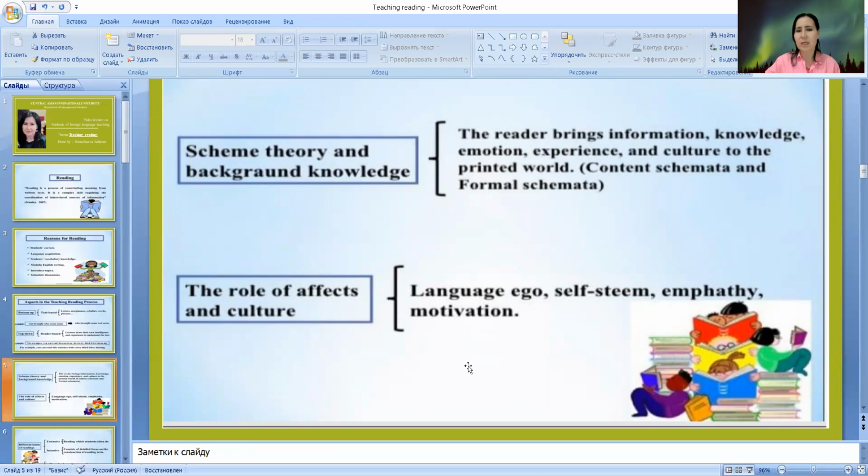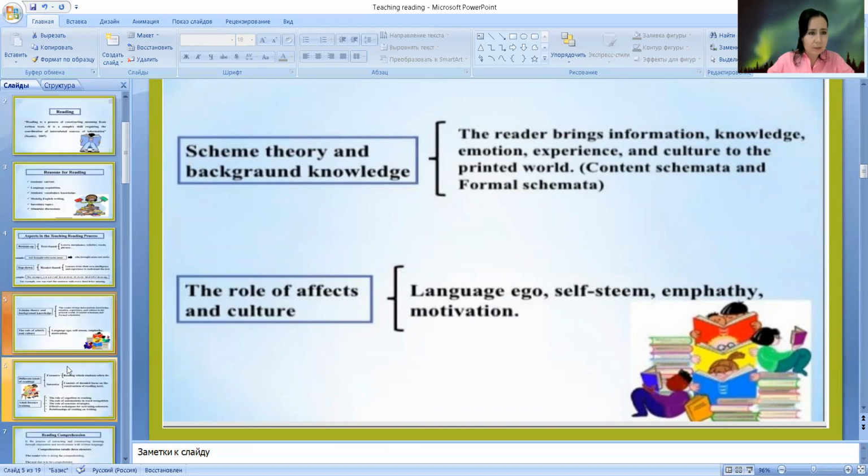The reader brings information, emotion, and experience. Also, the role of affect and culture: language ego, self-esteem, empathy, and motivation. We can give motivation to the students.